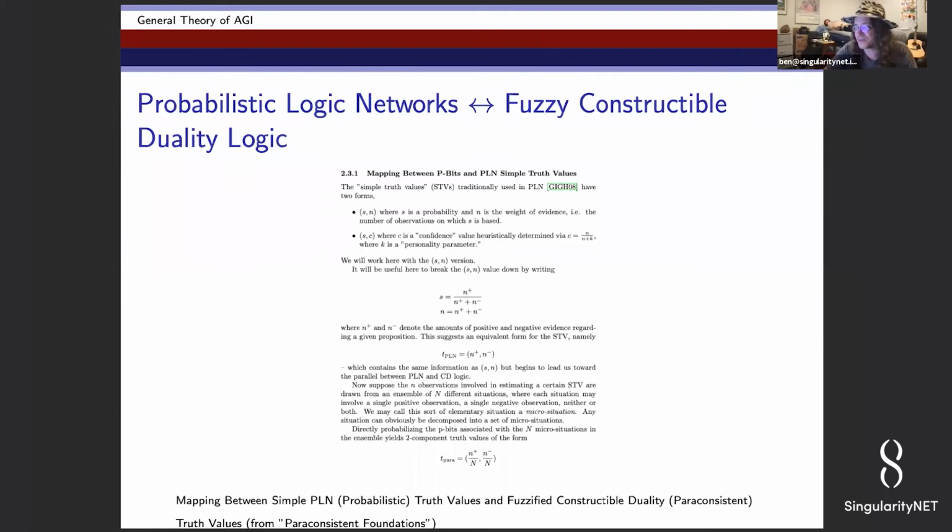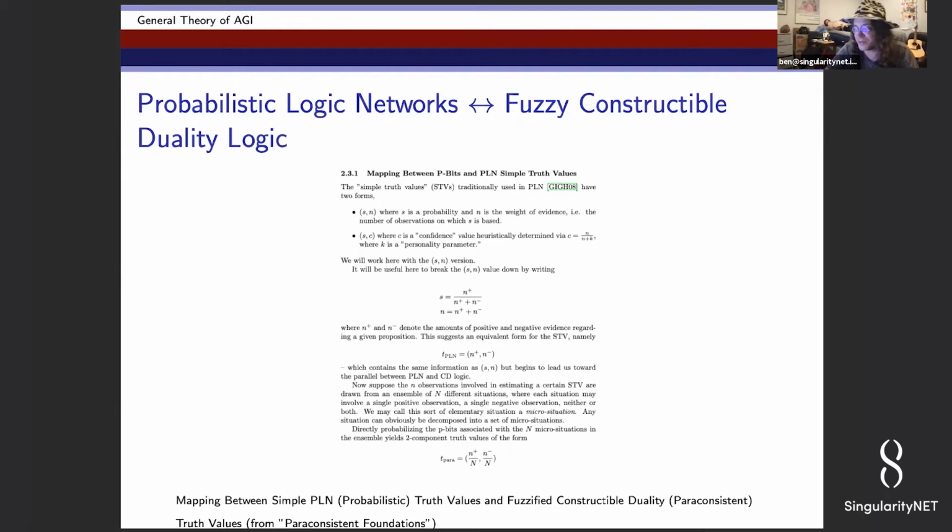What you have to do to get paraconsistent logic instead is look at an ensemble of situations. And in each situation, you could see positive evidence in favor of your hypothesis, you could see negative evidence, or you could see both, right, in each situation.